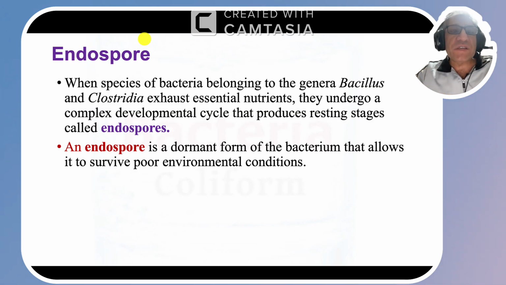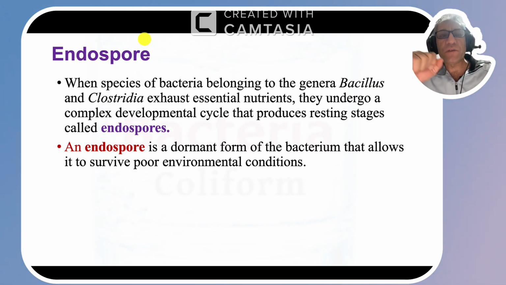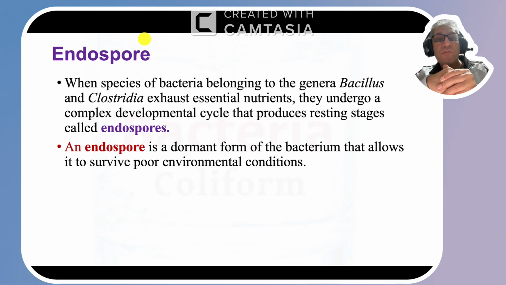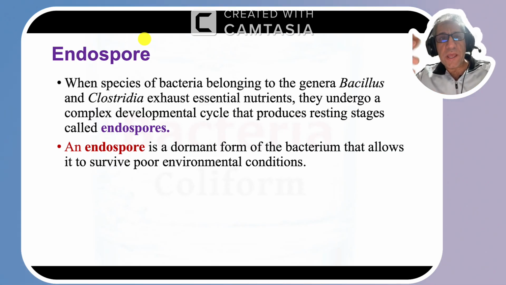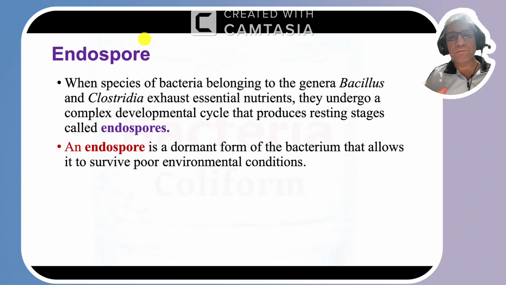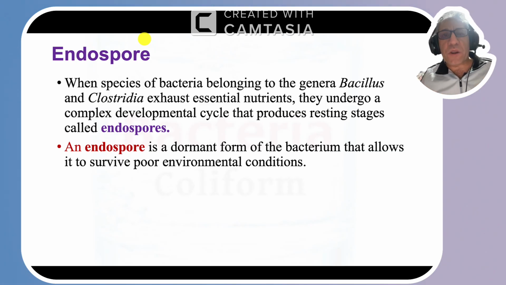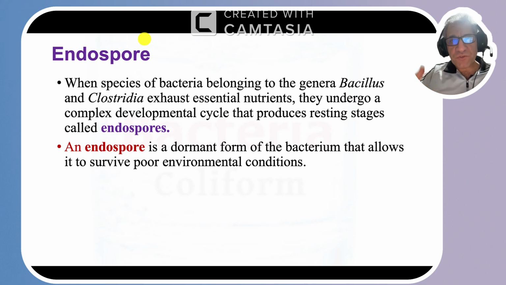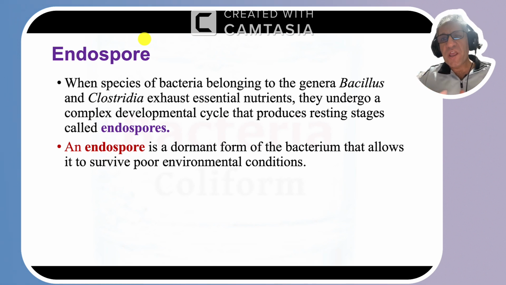For example, Bacillus species and Clostridium species, just as examples, produce endospores. It is a complex developmental cycle that produces resting stages, which we call the endospore.